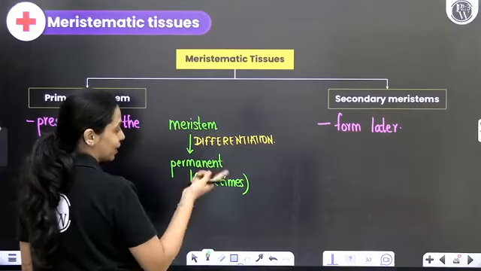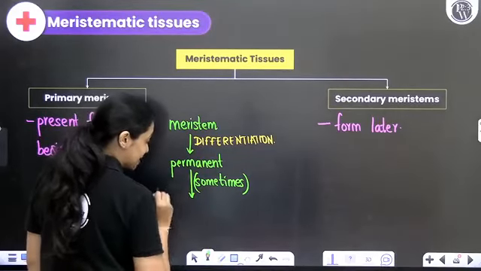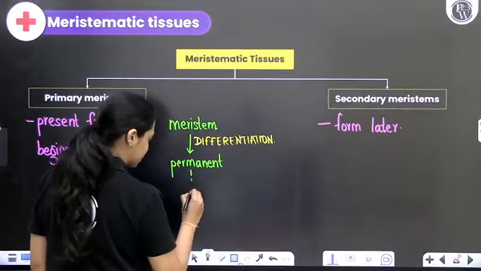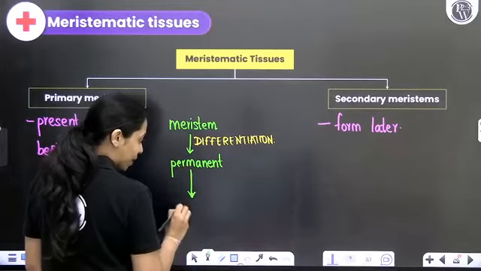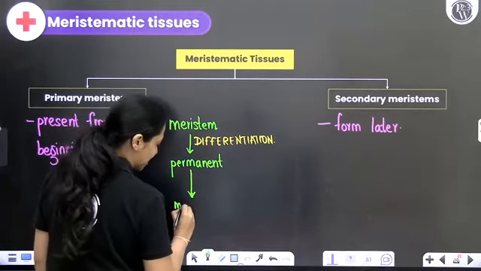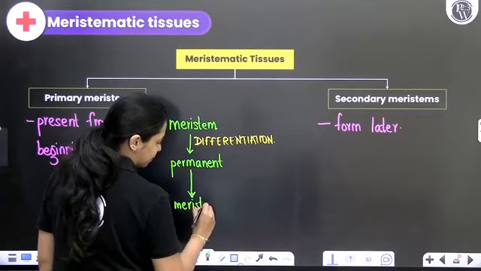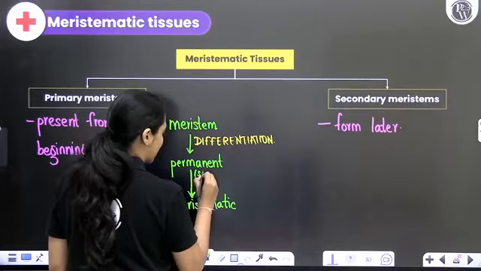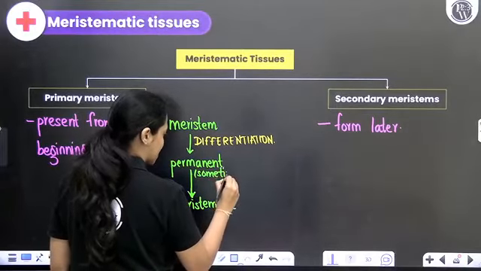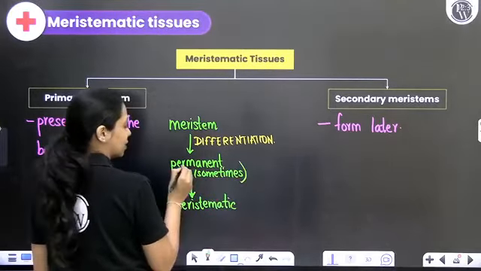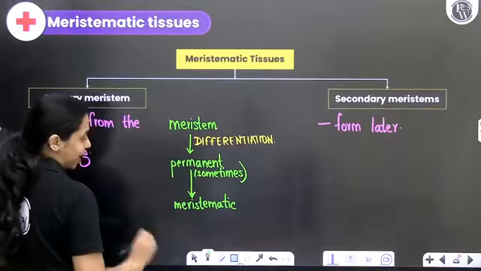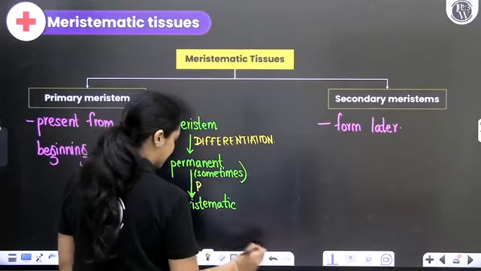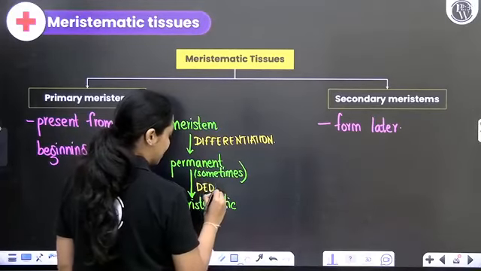It will regain the ability to divide and become meristematic again. Okay. So the permanent tissue also becomes meristematic sometimes. This happens only sometimes. When a permanent tissue becomes meristematic again, the process is called de-differentiation.